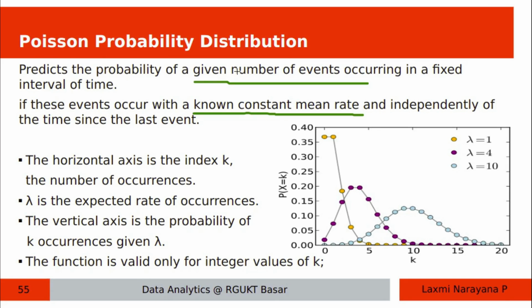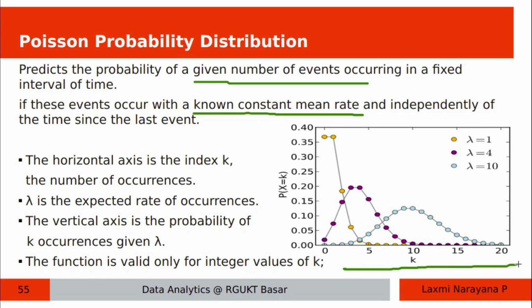Poisson probability distribution predicts the probability of a given number of events occurring in a fixed interval of time. If you know the frequency of the event and if those events are independent, we can calculate this Poisson probability distribution. See this diagram.